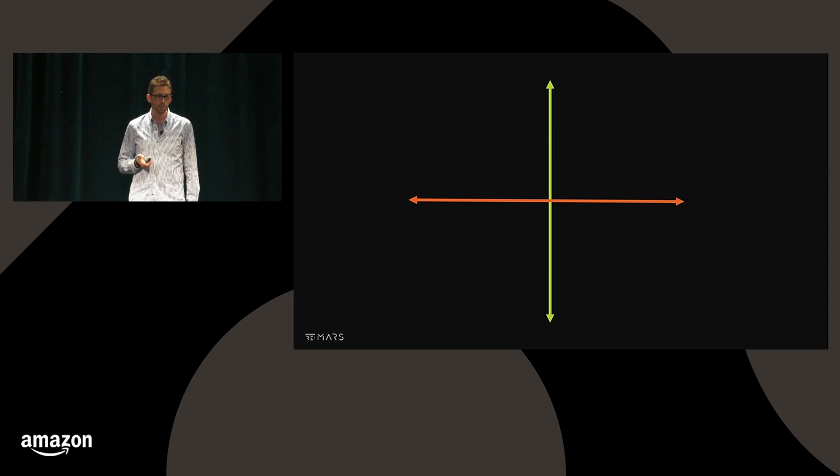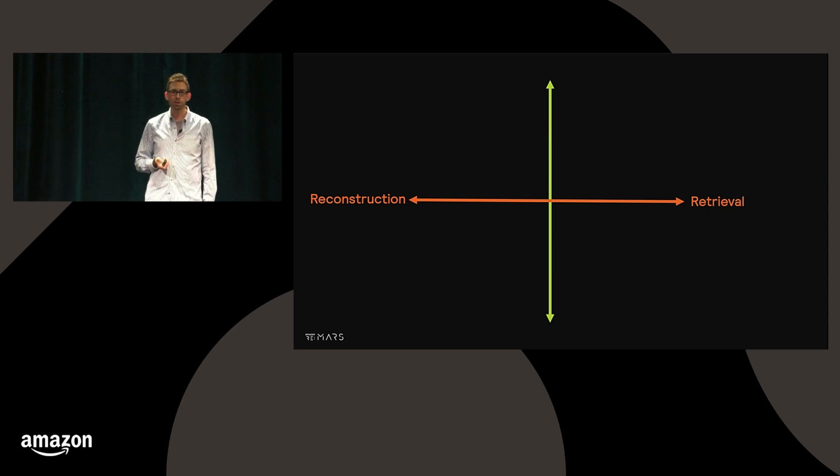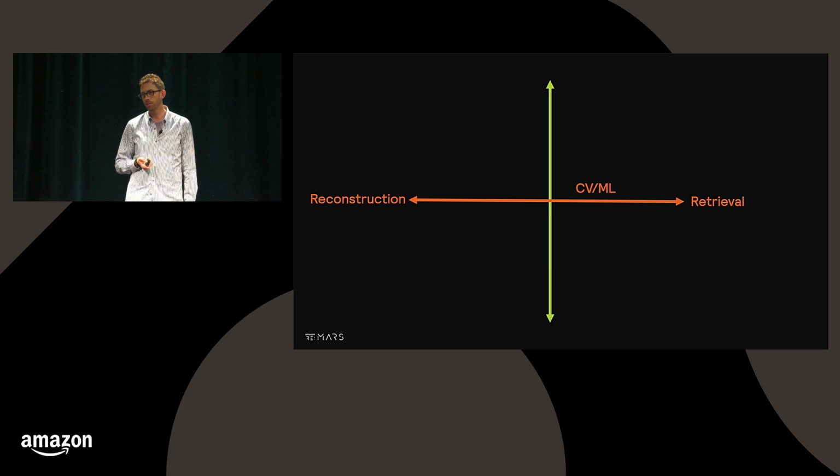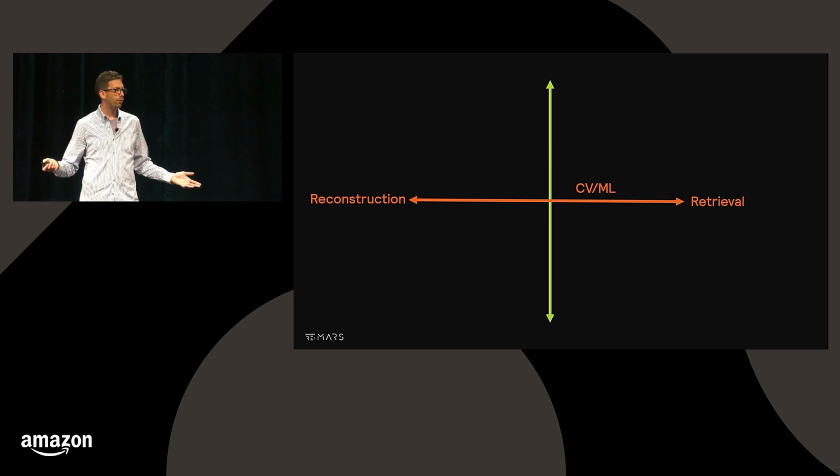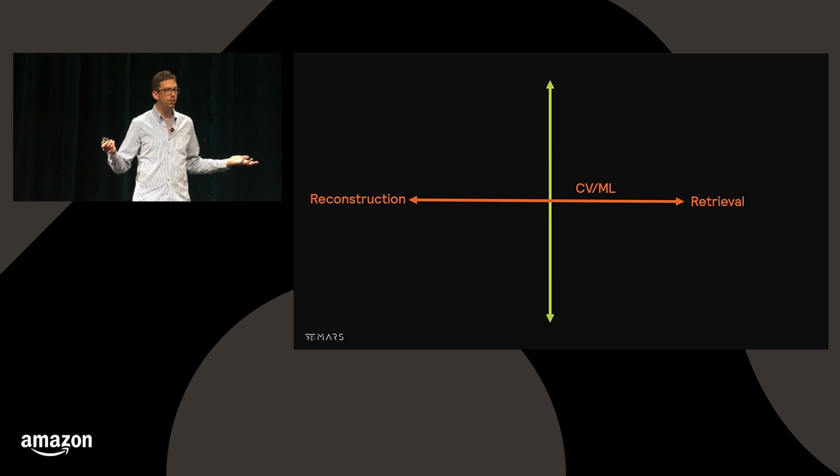Specifically, the first axis I'm going to talk about here is the reconstruction versus retrieval axis. So another way of saying this is, in many ways, it's the computer vision and machine learning axis. On the far left is the problem that I detailed before, having to do with computer vision.